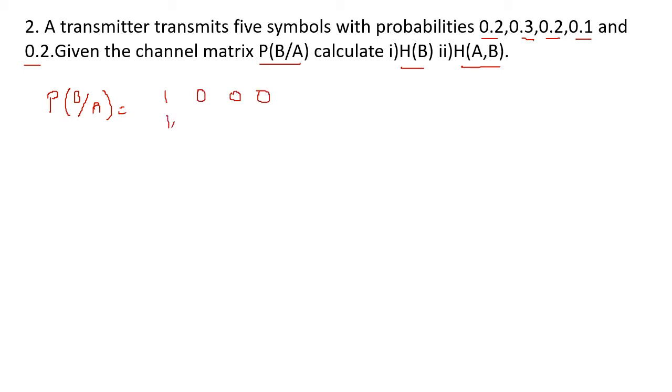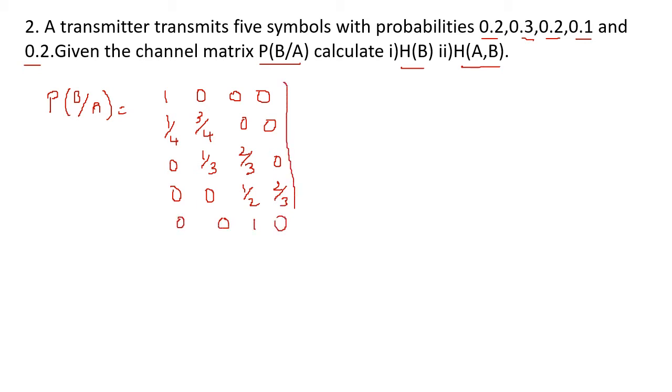Second row is 1 by 4, 3 by 4, 0, 0. Third row 0, 1 by 3, 2 by 3, 0. Fourth row 0, 0, 1 by 2, 2 by 3, and the last row is 0, 0, 1 and 0. So this is the channel matrix given.